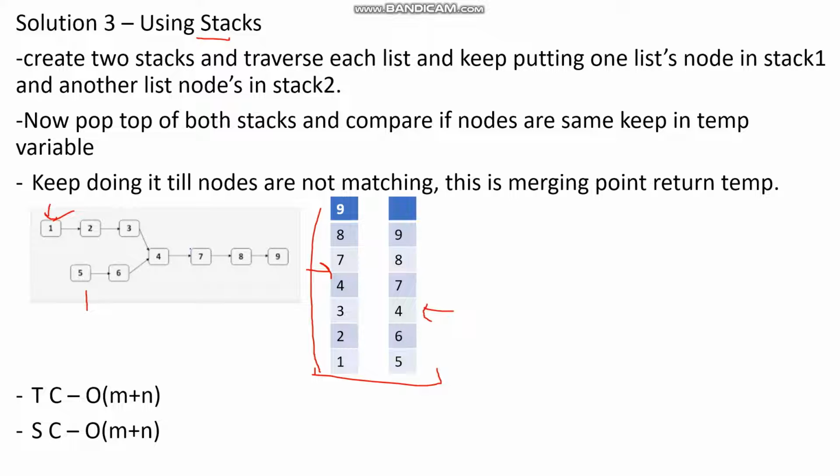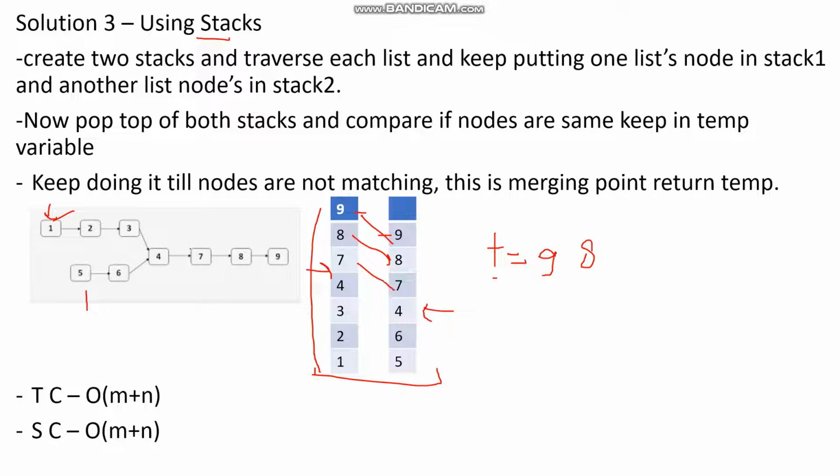Then as a second step, we will start popping the top elements of the stacks, and we will compare both the elements. If these are matching, we will put the element in a temporary variable. Initially we will pop 9, so our temporary variable will contain 9. After that we will pop 8, both these elements are matching, so we will update our temporary variable with 8.